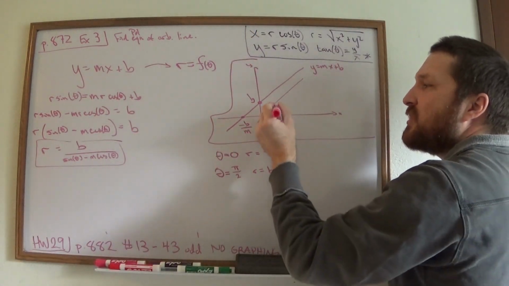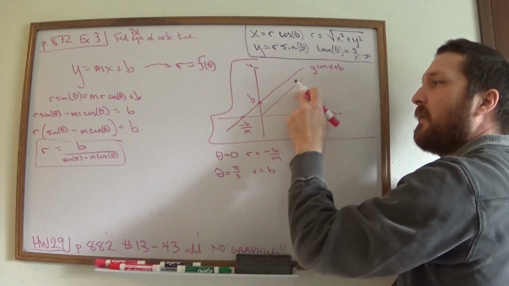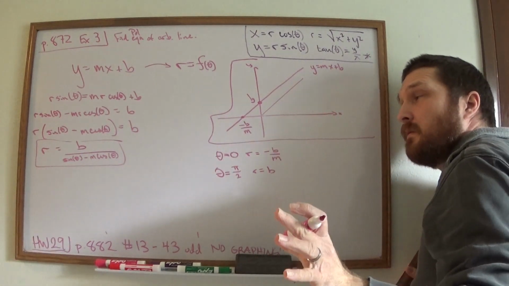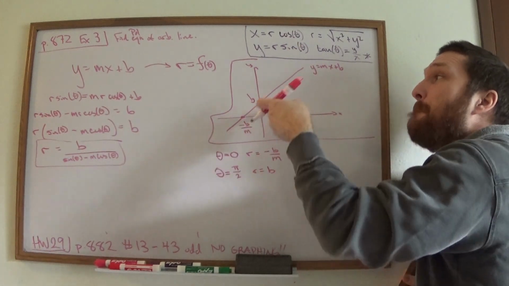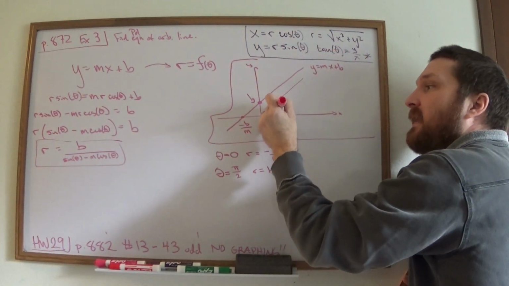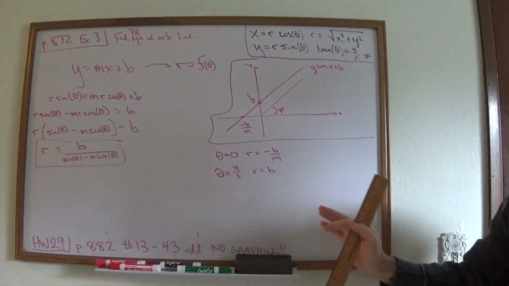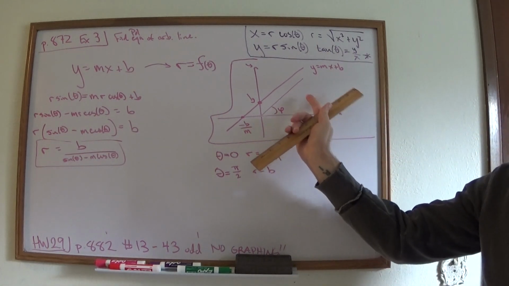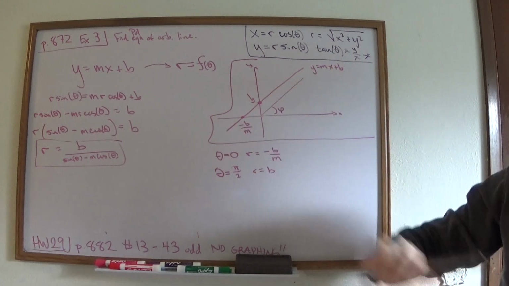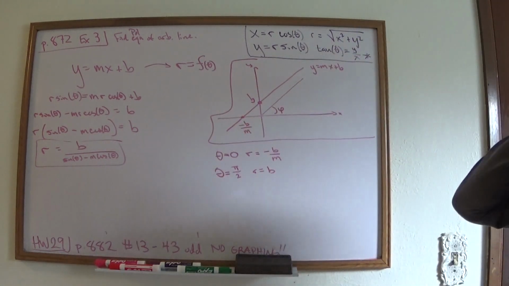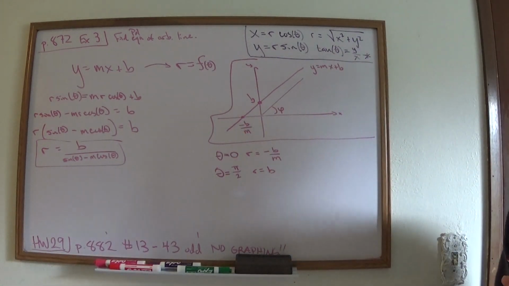Whatever angle that is that makes it parallel, let's give that a name. Let's call it phi. Let's say that phi is the angle that gives you a parallel with the line. Everybody with me on that?